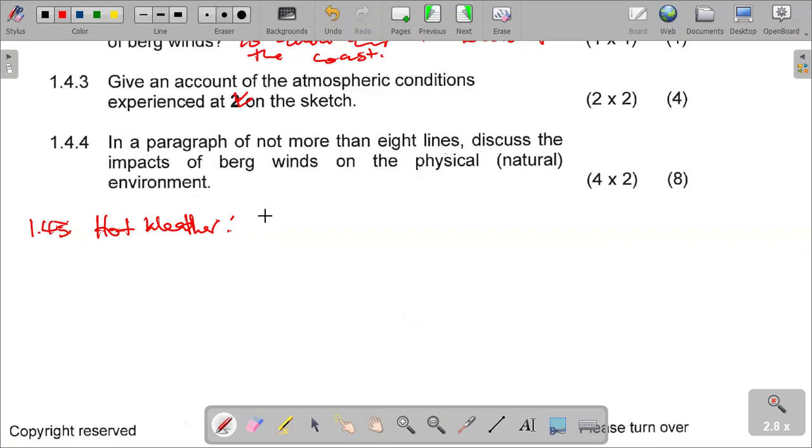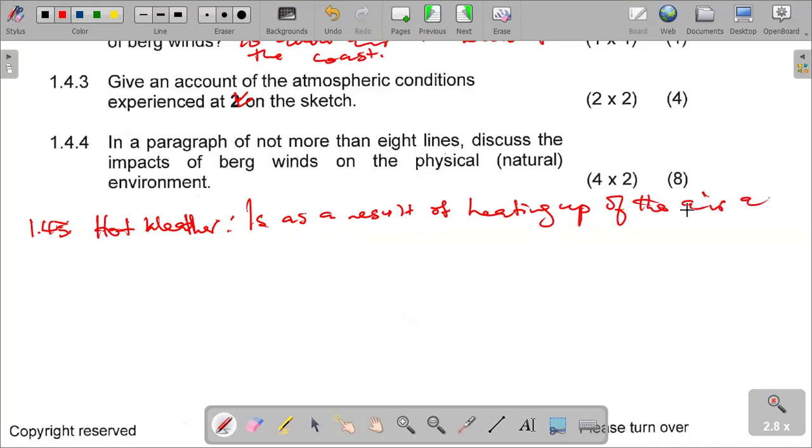So it is as a result of the heating up of the air as it descends from the plateau.